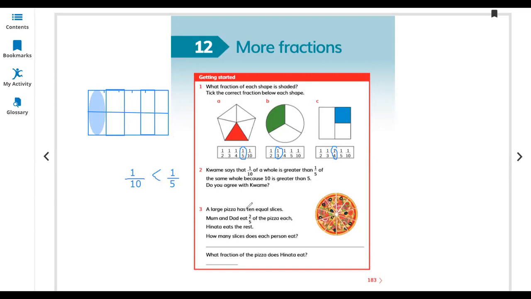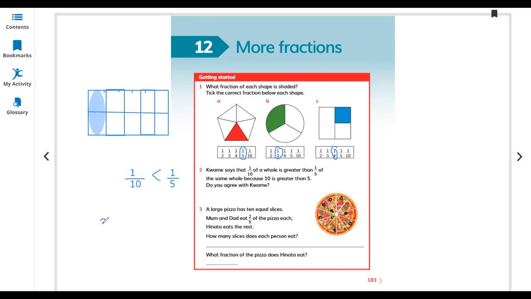A large pizza has 10 equal slices. Mom and Dad ate 2 by 5 of the pizza each. Hinata eats the rest. How many slices does each person eat? Mom and Dad eat 5. It means there are two pizzas, 10 equal slices.